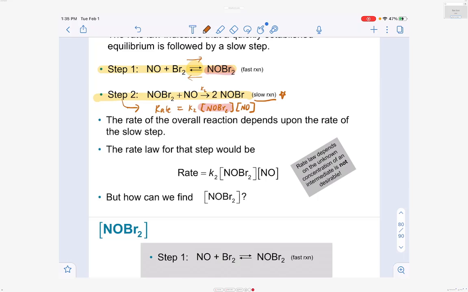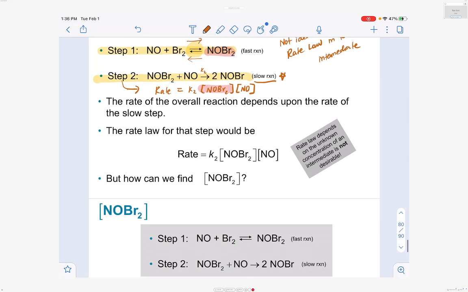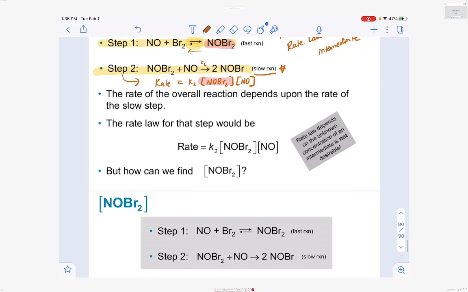Okay, so we don't want to write the rate law in terms of an intermediate. Okay, so let's find a way to substitute this intermediate with some other expression.